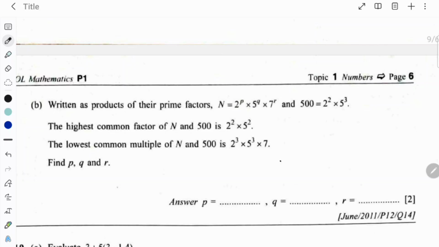They are asking us to find the values of p, q, and r, and it's a 2 marks question. So whenever you take these values here, 500 times n, whenever you do, is 2 squared into 5 squared.